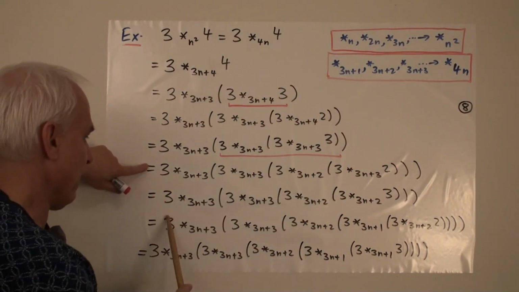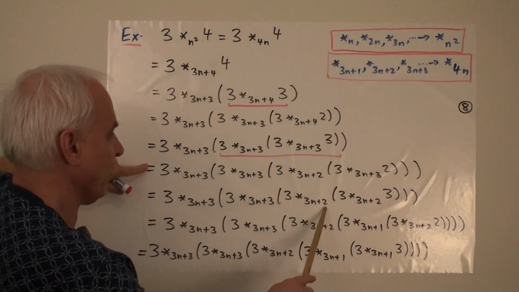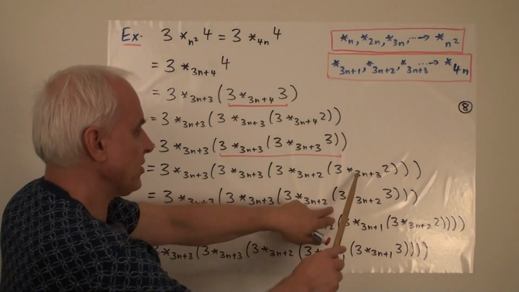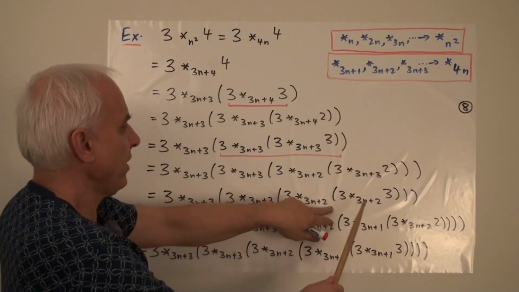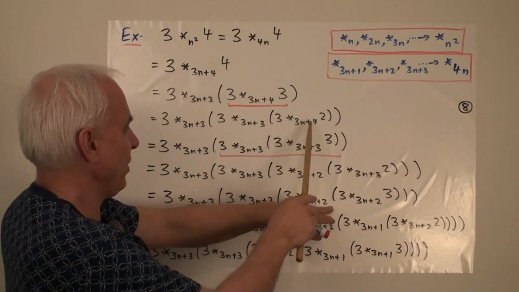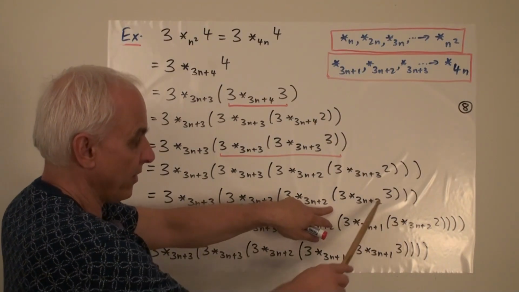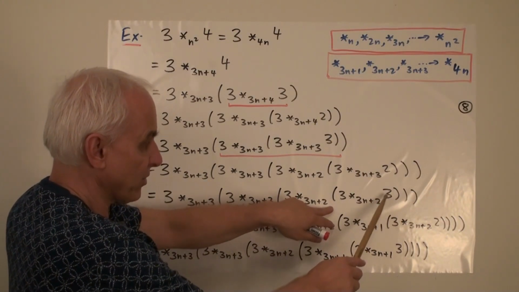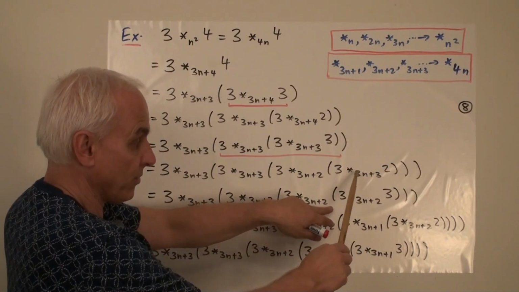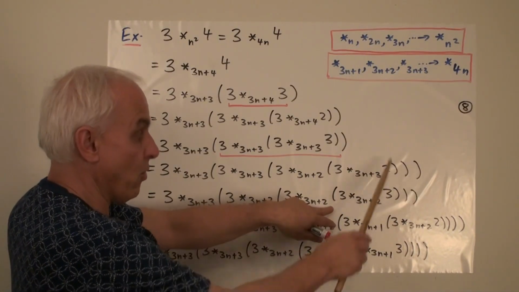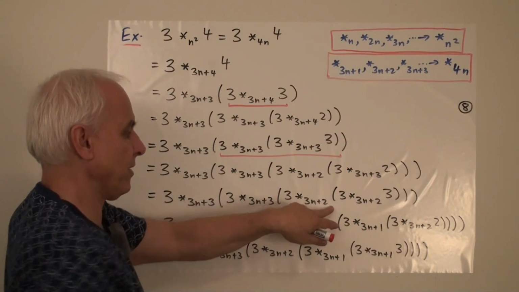Then at the next level, this is all the same. This thing here, 3 star 3n plus 3, 2, is the same kind of thing that we had up here. We're going to get 3 star 3n plus 2 times 3, because what's really here is 3 star 3n plus 3, 1, which is just 3.